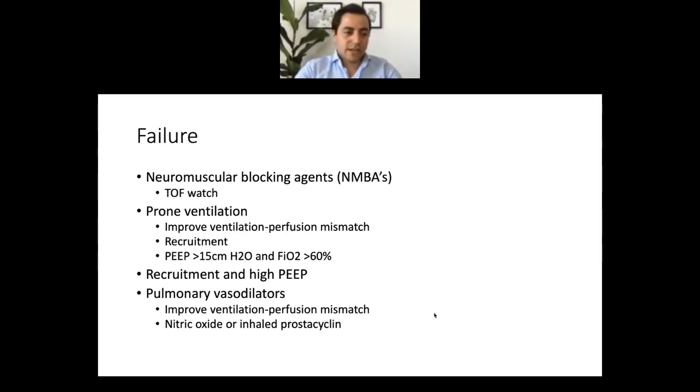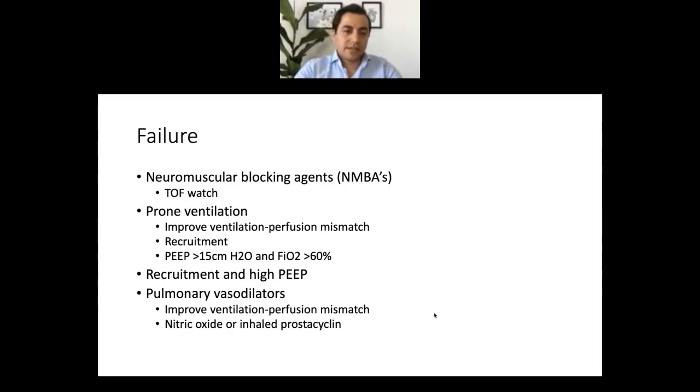If this fails and you cannot achieve this, there are a few treatments for the patients. The first one is the use of neuromuscular blocking agents. If you use these agents, you should also use a train of four watch to see whether or not your treatment is working. Another one is to ventilate the patient in prone position, which will improve the ventilation perfusion mismatch and also will recruit the lungs of the patient.